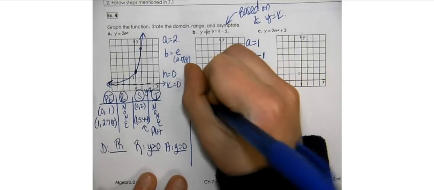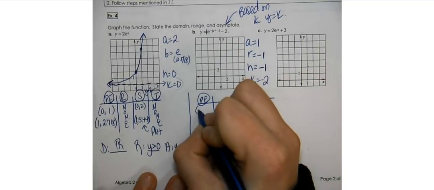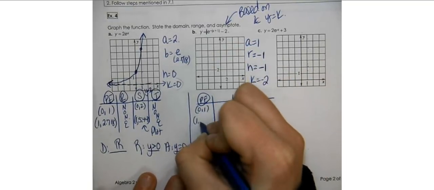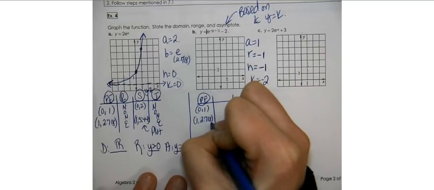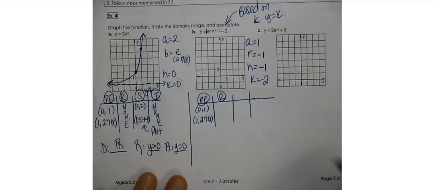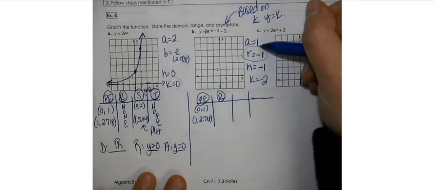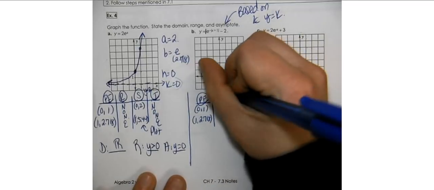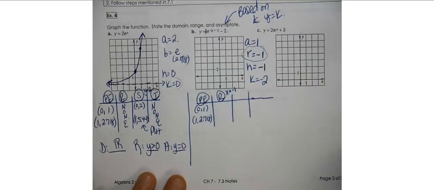So I'm going to write the parent function first, and that's going to be 0, 1, and 1, 2.718. For our reflection column, in this case, we do have a reflection, and that comes from our R value. So that means all of my X values are going to be multiplied by -1.